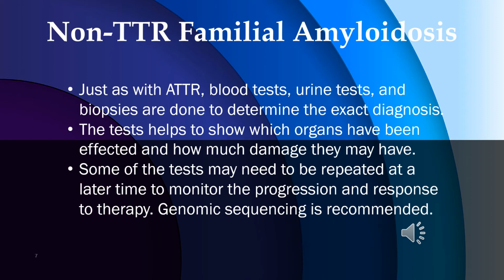And they can do that through your blood and find out exactly what type you have. But in order to identify what kind of protein deposits you have that are building up, that your body's not clearing, they need to be able to do biopsies as well to figure out about the deposits and exactly what they're made of.